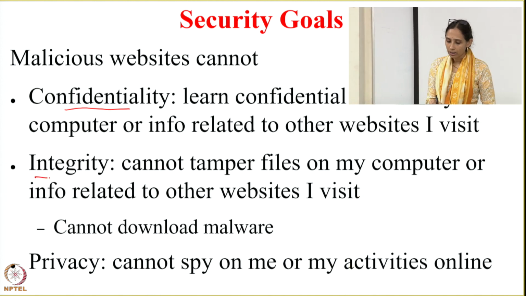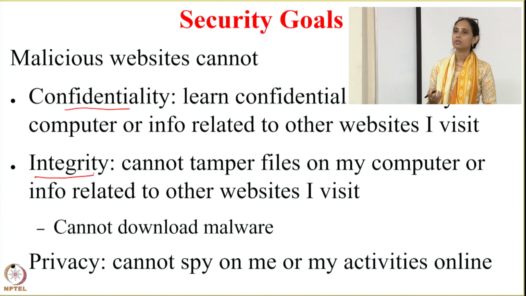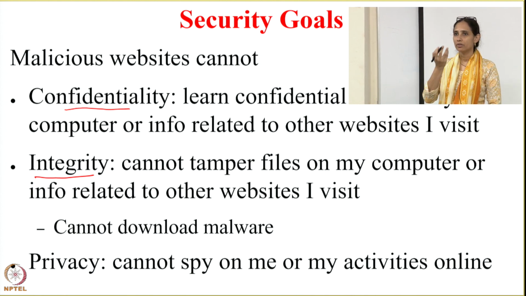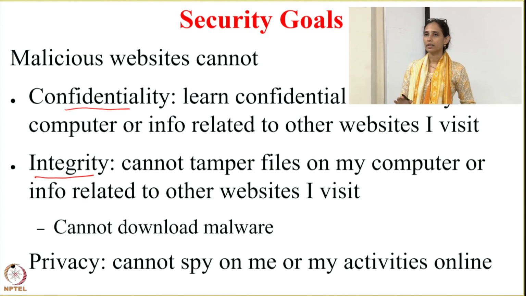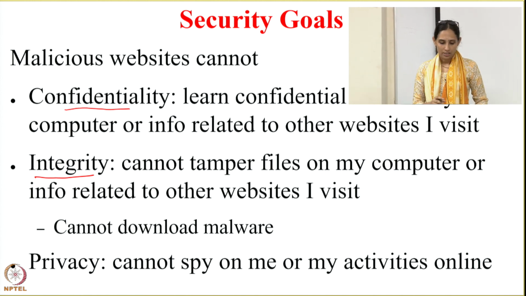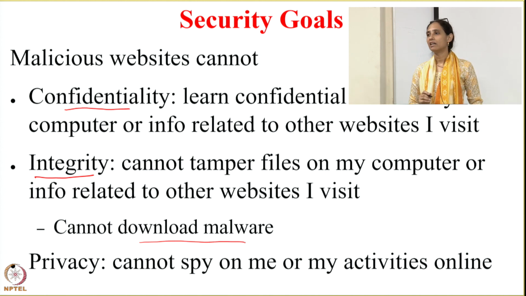Similarly, you don't want any content that is on your computer to be altered just because you are browsing. In the process of browsing, things should not get altered on your computer. Similarly, an aspect of integrity is you should not download malware onto your computer.